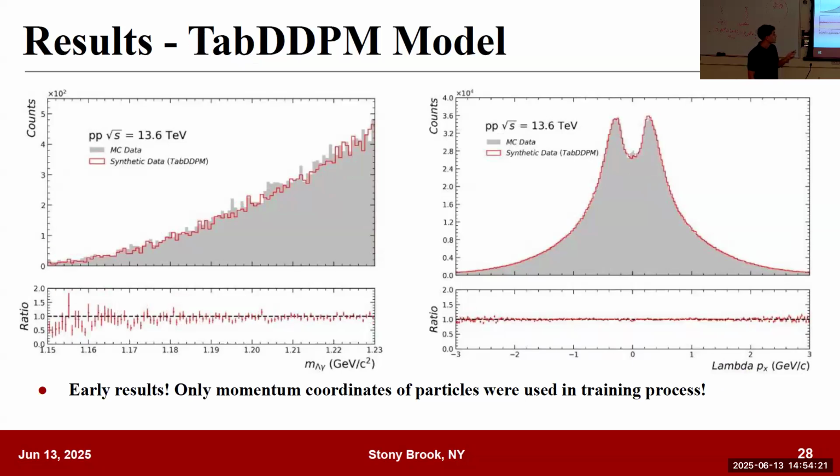But moving on to the diffusion model, we have some better results. We can see that the model learns better and gives us better results in trying to learn the shape of the background and also the shape of the px distribution of the lambda. But we have to be careful because in this data set, I've only used 6 features, so it's a 6-dimensional data set instead of a 16-dimensional data set, which is the whole data set.